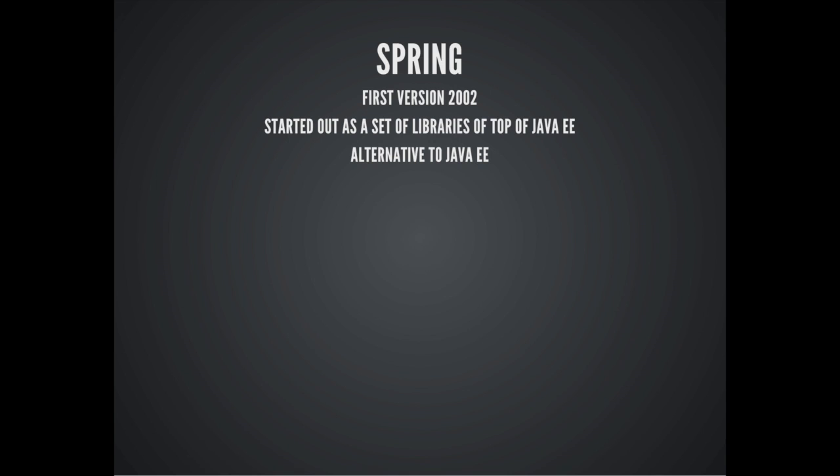For example, right now we are using WebLogic 10, and WebLogic 10 has a lot of Spring inside it as part of its EJB implementation. Spring started out much less verbose than Java EE. If we look at the latest versions, they are more or less equal.